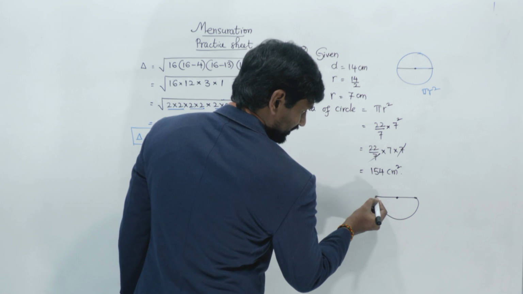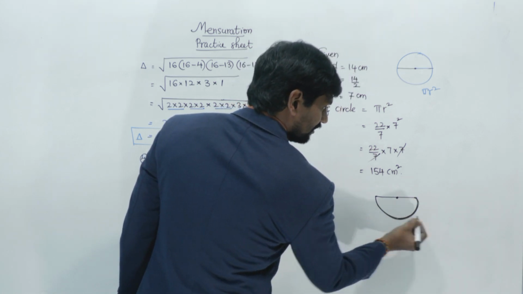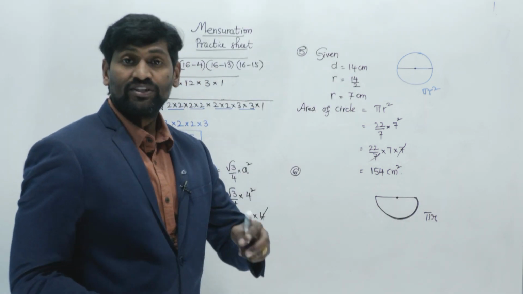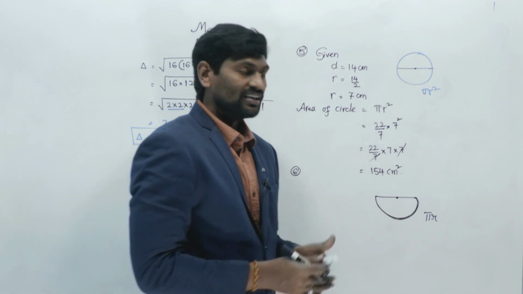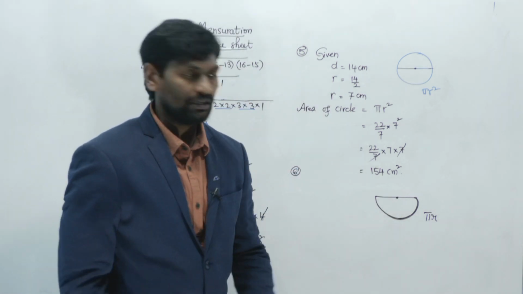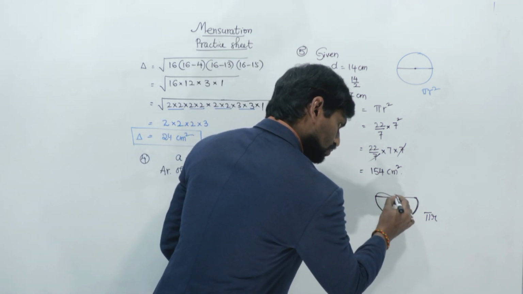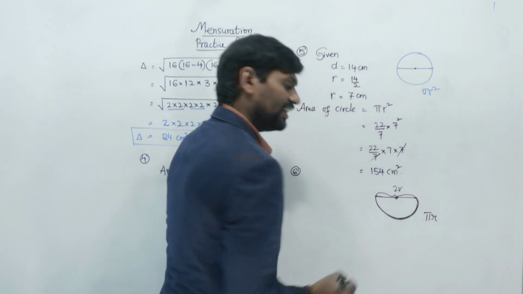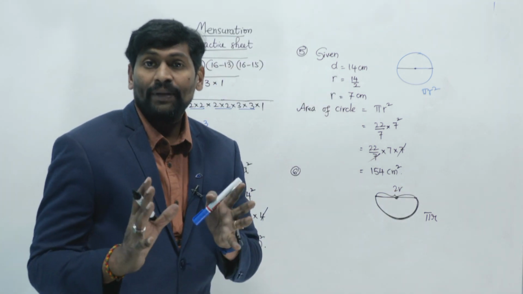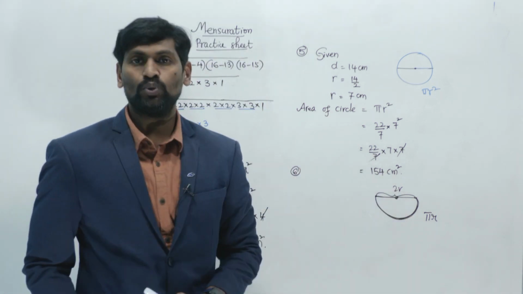So this curved part, its length will be pi r. The circumference of a circle is 2 pi r, but the circumference of a semicircle is exactly half of the circle, pi r, and this value is 2r, nothing but the diameter. So simply, the perimeter of a semicircle is pi r plus 2r.